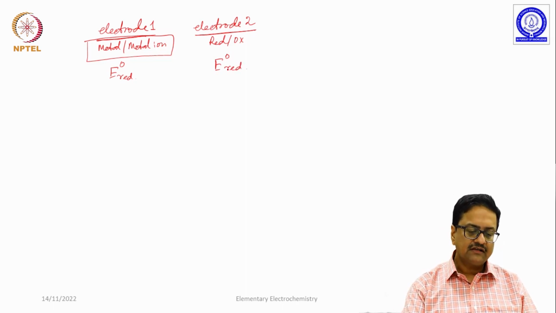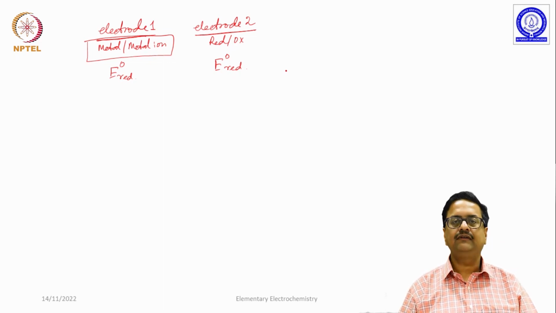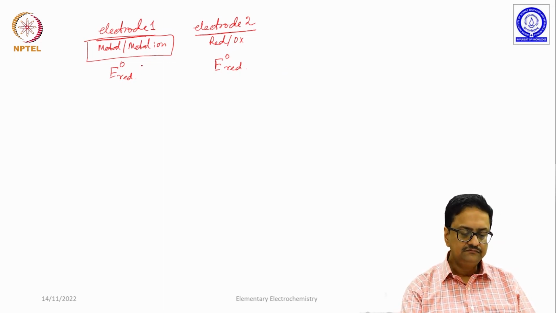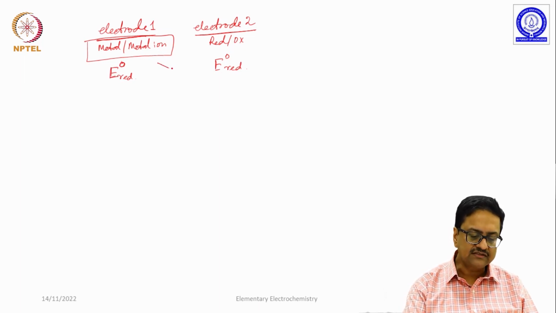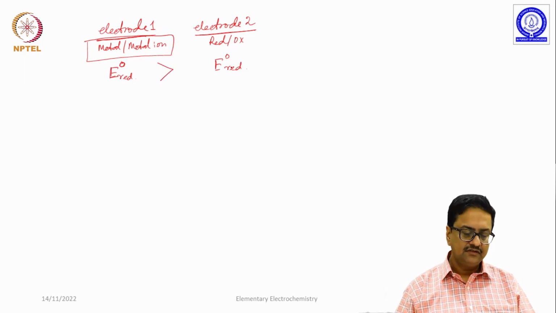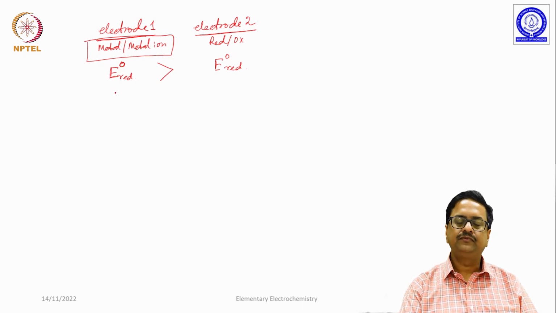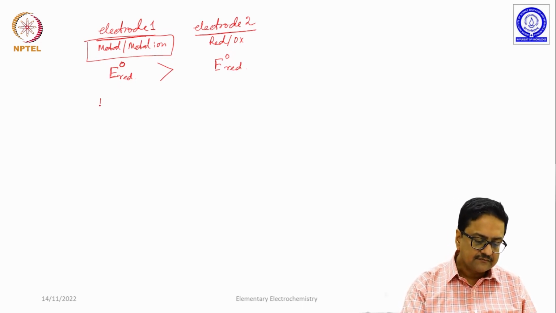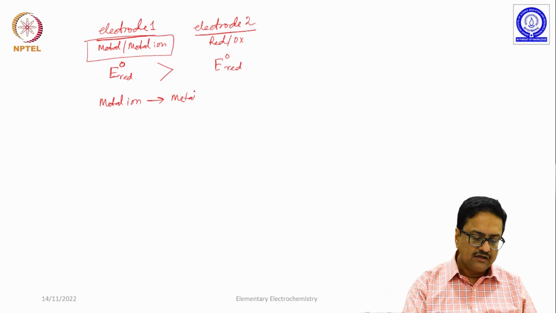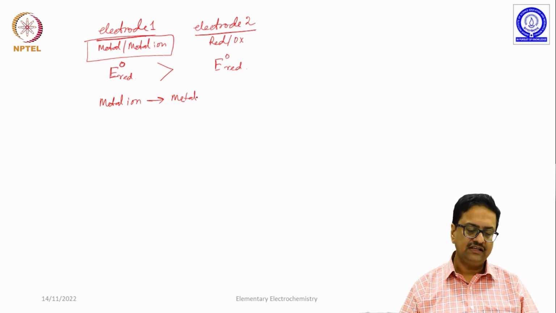Then you compare the physical values of these two half cells, and if suppose the E0 value for this half cell is greater than that, then one has to form the cell in such a way that the reaction of metal ion to metal takes place in that particular cell.